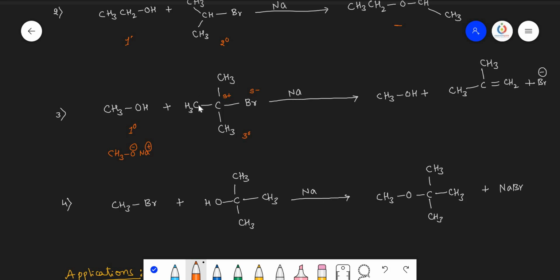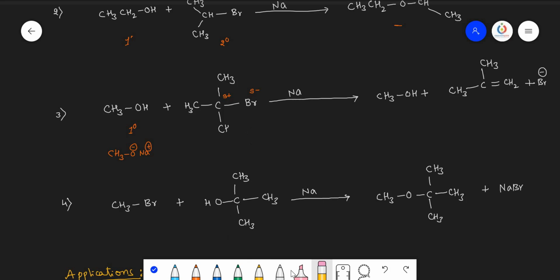But at the same time, these crowded methyl groups do not provide proper space for this methoxide ion to reach the halogen bearing carbon atom. So that is the reason why, being a base, not only a nucleophile, alkoxides are also bases. Initially, instead of attacking the partially positive charged carbon, it will find another mechanism.